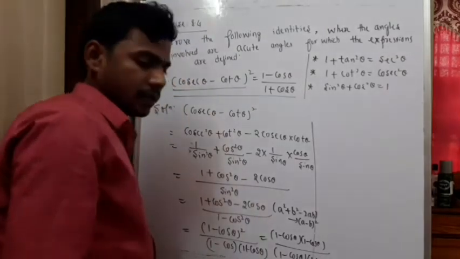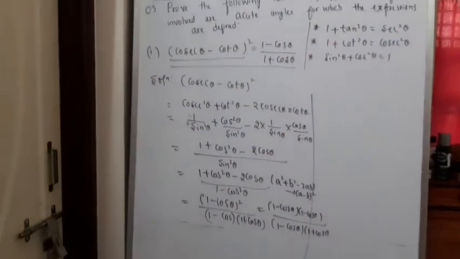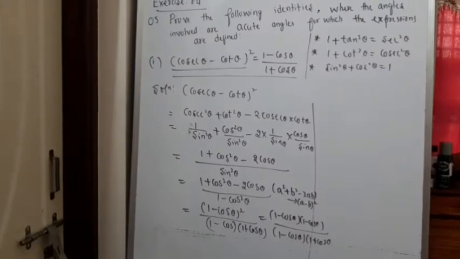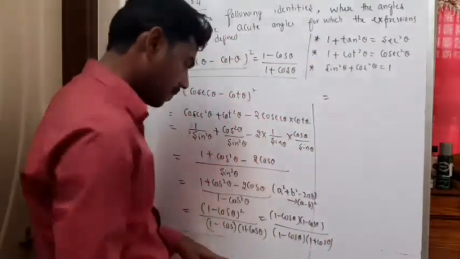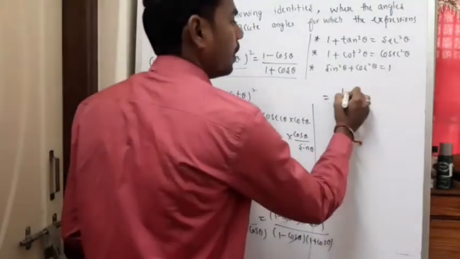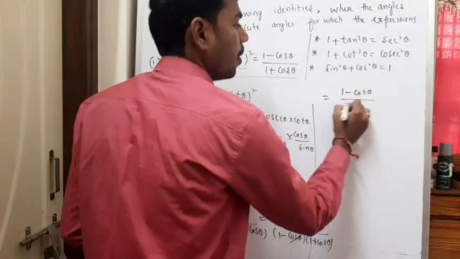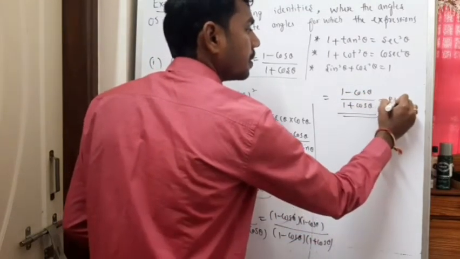Let me adjust the focus. Next, I'll continue. This 1 minus cos theta will get cancelled, leaving 1 minus cos theta divided by 1 plus cos theta. So this is the RHS.